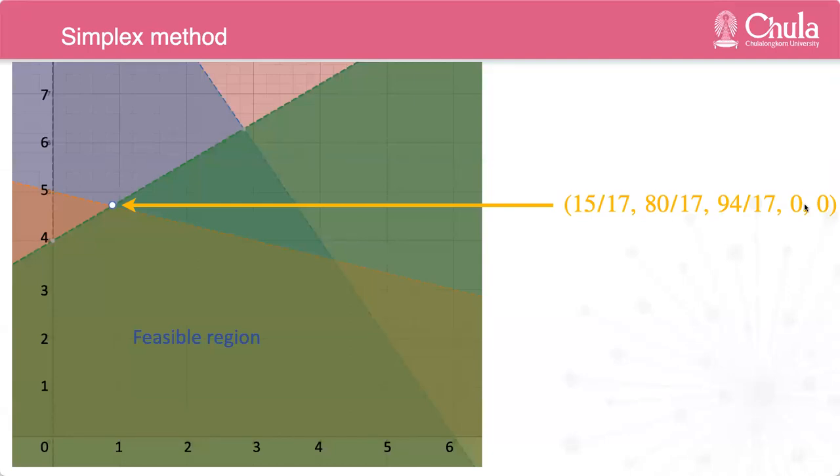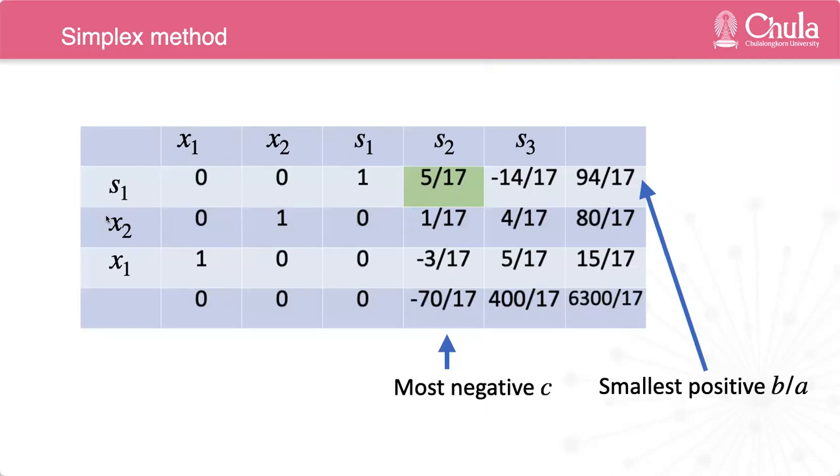At this point, the second and the third constraints are active, right? Yes, they are active because this is the corner, which is the intersection between the second and the third constraint. Okay? However, this point is not the minimum point yet.